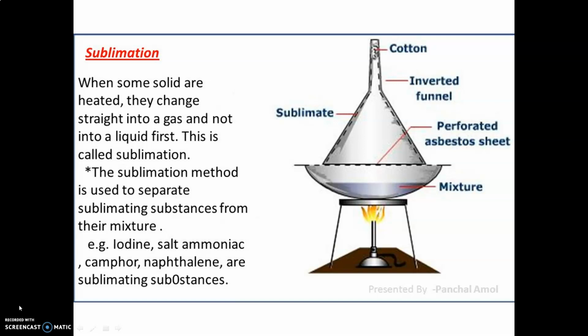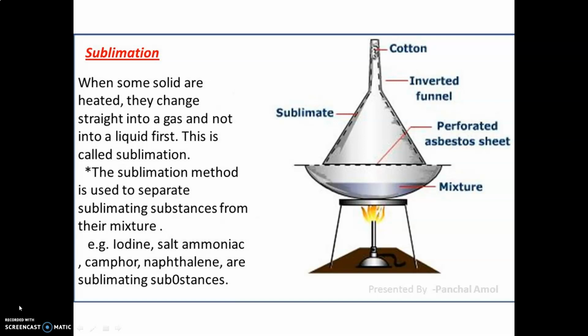Now you provide heat from below, and on heating, the ammonium chloride will change into vapor. Because it gets no space to go out, when it condenses, it turns back into solid and settles at the walls of the funnel, whereas in the dish you get the salt back. This process is known as sublimation.